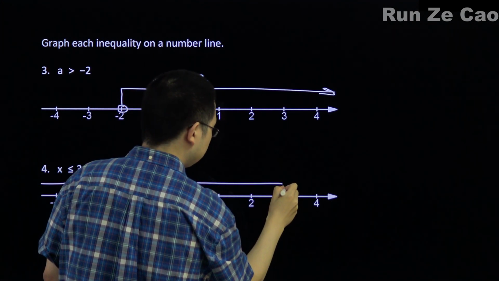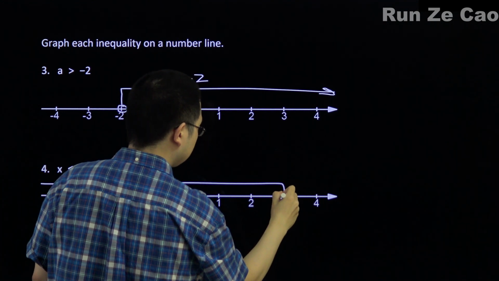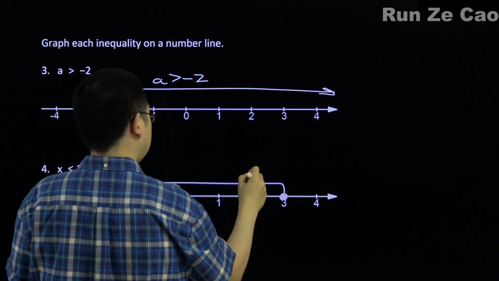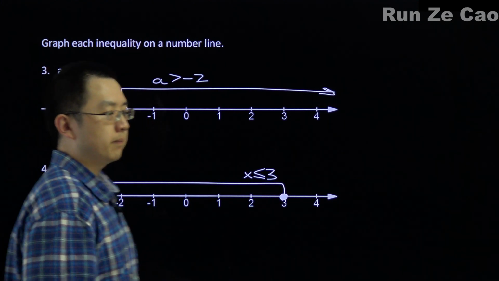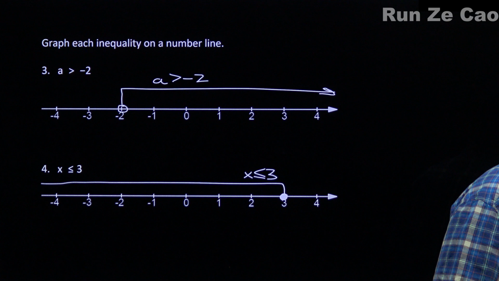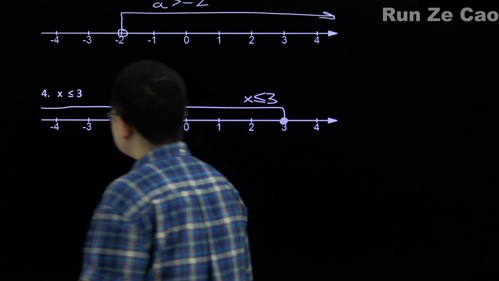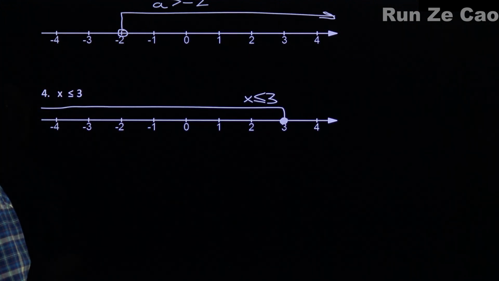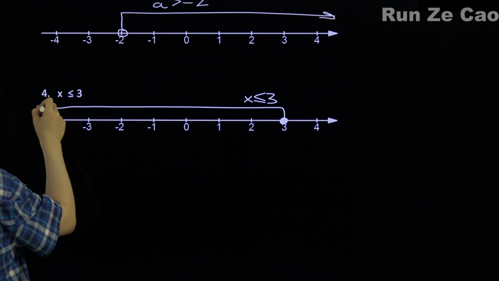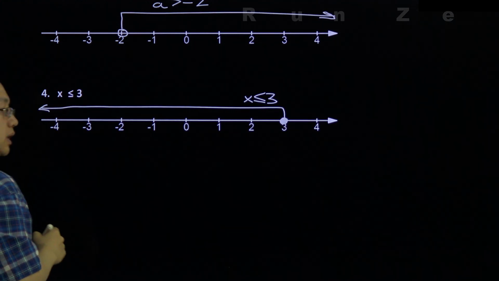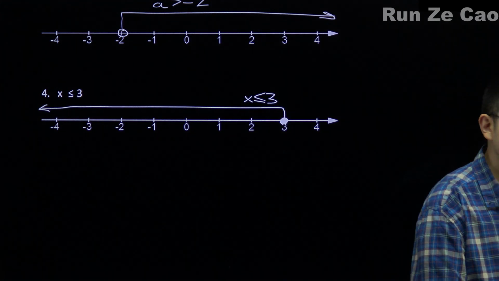Well, try a nice filled in circle on 3. So X is less than or equal to 3. And actually, depending on convention, you may not have to label the end of your inequality with an arrow, but in North America, you generally do.